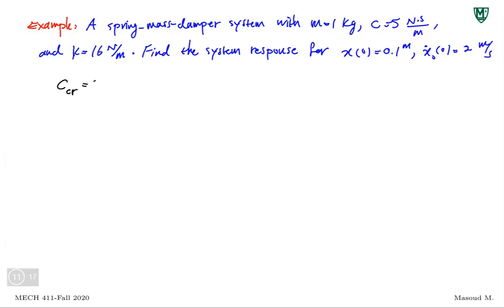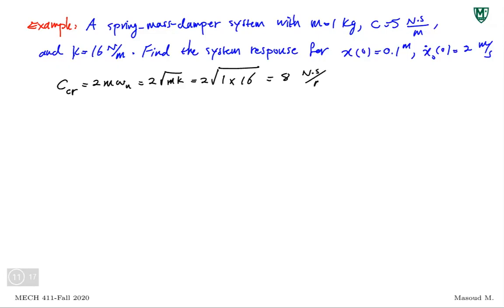C critical is 2 m omega n. Right? I can just write it directly as 2 square root of mk. So 2 square root of m, well, m is 1 kilogram, and k is 16. So square root of 16 is 4. This becomes 8.